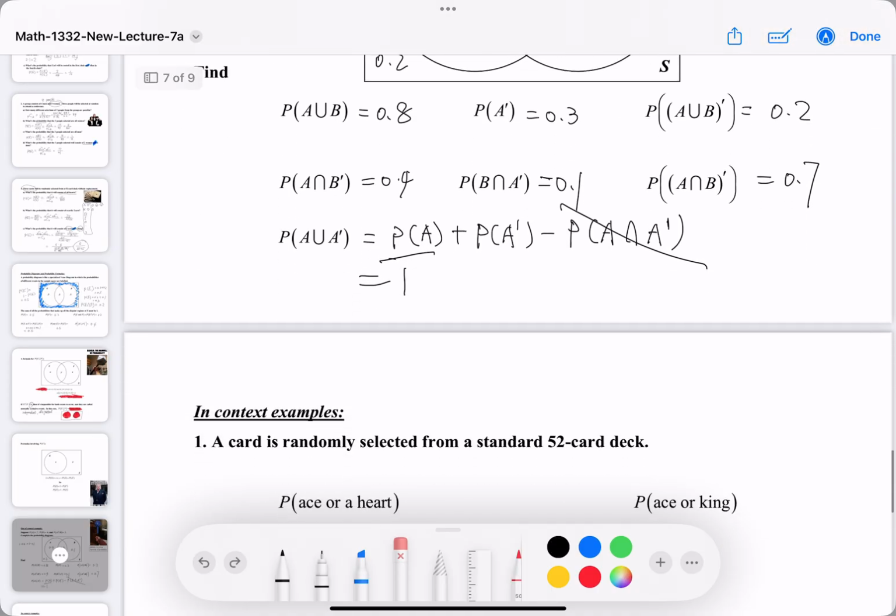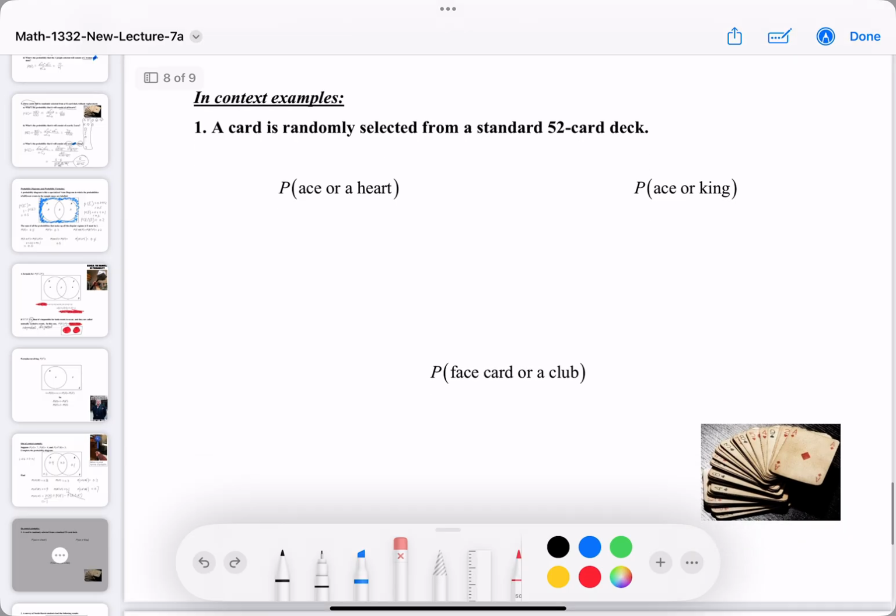Okay. All right, let's see the example. In context example, a card is randomly selected from a standard 52 card deck. What is the P? N of E over N of the sample space. Sample space is we randomly select one card from 52. That means 52 C1.